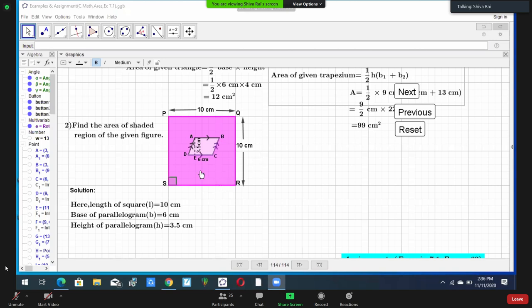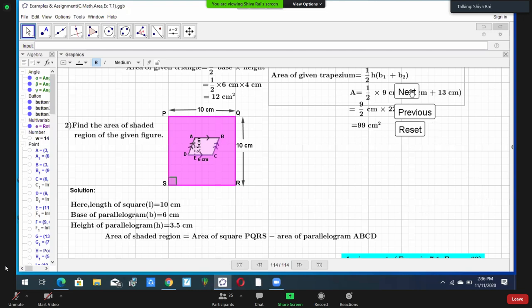And inside, you look here, small figure, that is parallelogram. In this, area of shaded region equal to area PQRS minus area of parallelogram. I am writing here base of parallelogram, this small figure, 6 centimeter, and height of parallelogram is equal to 3.5 centimeter.